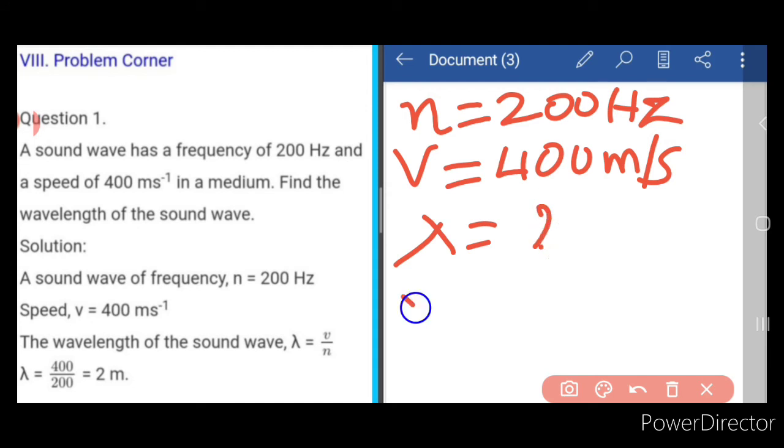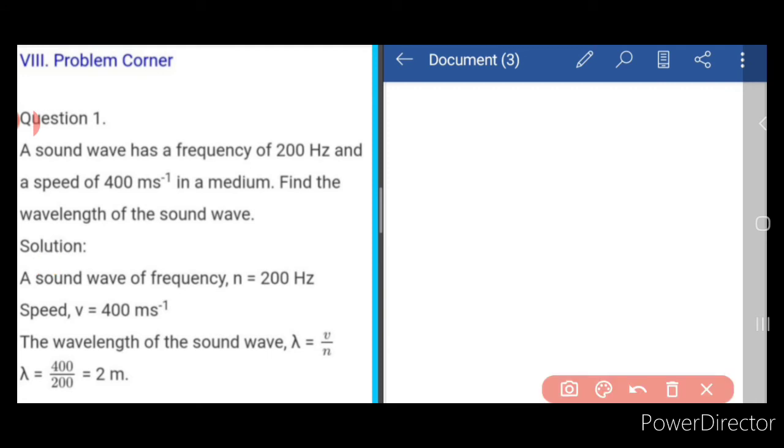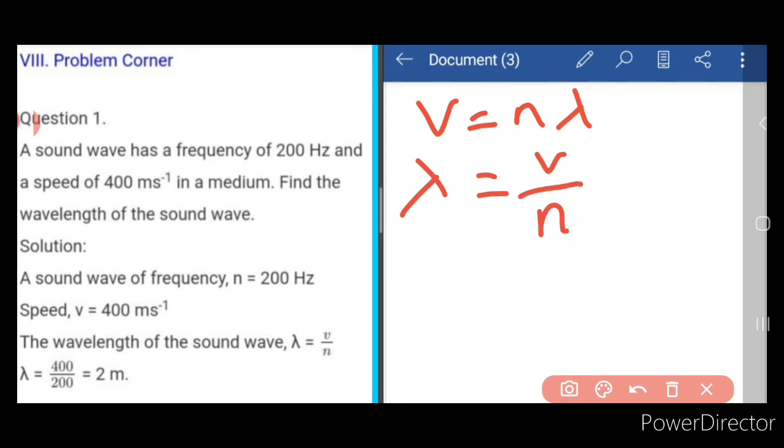So this is what is given. So we know that v is equal to n lambda, right? So this is the equation that we have learned at the beginning, isn't it? Now here we are going to find out lambda, substituting v is equal to 400 meter per second and n is equal to 200 Hertz, right? Now let's rearrange this equation. So we know that v is equal to n lambda. So what is lambda? Lambda is equal to v divided by n. Now what is v?